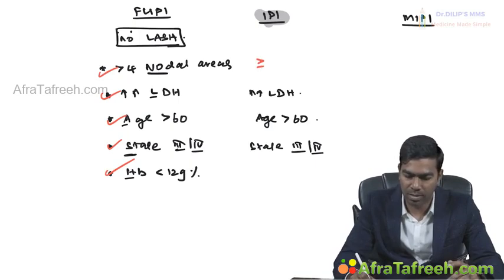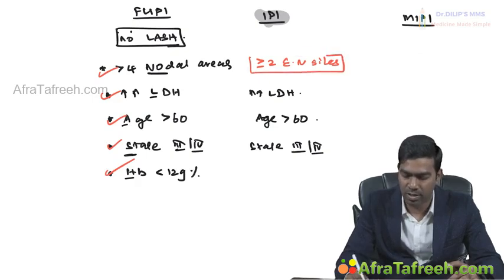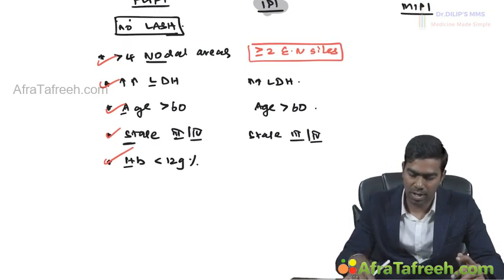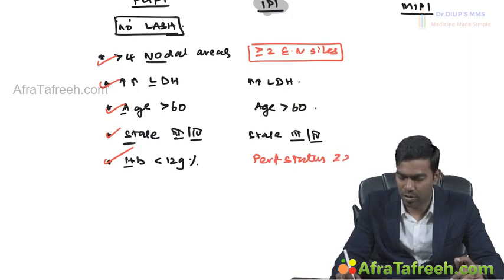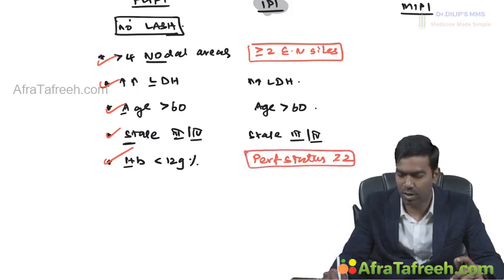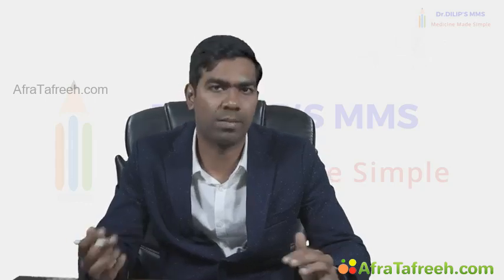So in aggressive neoplasms, at least 2 extranodal sites. This is not 4 nodal areas. Extranodal, this is different from the FLIPI index. At the same time, instead of hemoglobin, they use performance status. That's called performance status. Performance status score more than or equal to 2. These are the two different things from the FLIPI score.